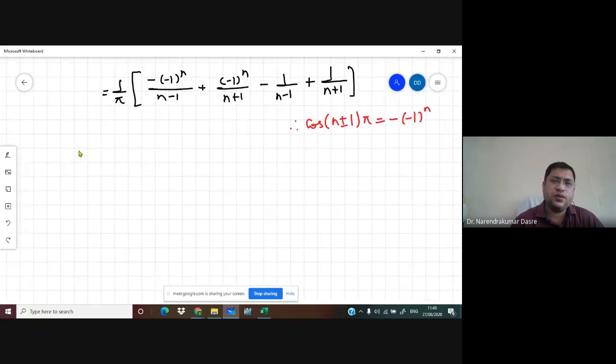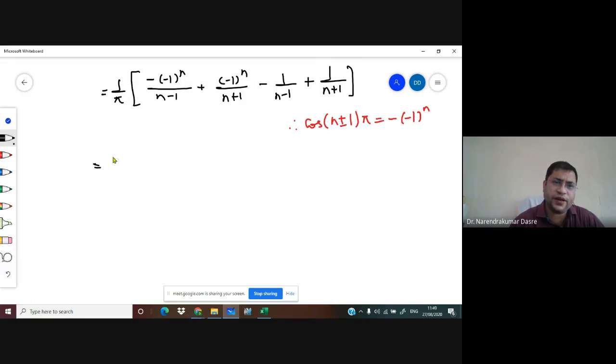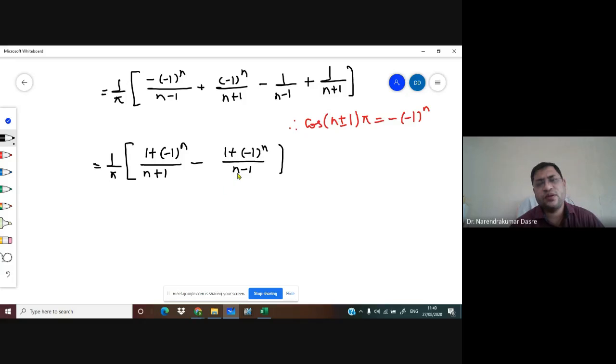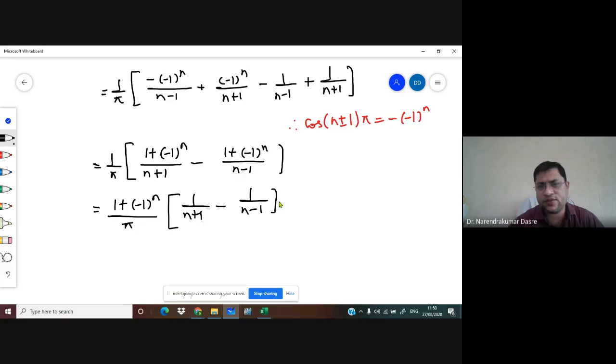Okay, let us simplify. So we get 1 upon pi. This term and this term I can combine. So I can have 1 plus minus 1 raised to n upon n plus 1. This minus I can take common, and I can write 1 plus minus 1 raised to n upon n minus 1. And now I can have this together. So I can write 1 plus minus 1 raised to n upon pi, and here what we'll get is 1 upon n plus 1 minus 1 upon n minus 1.